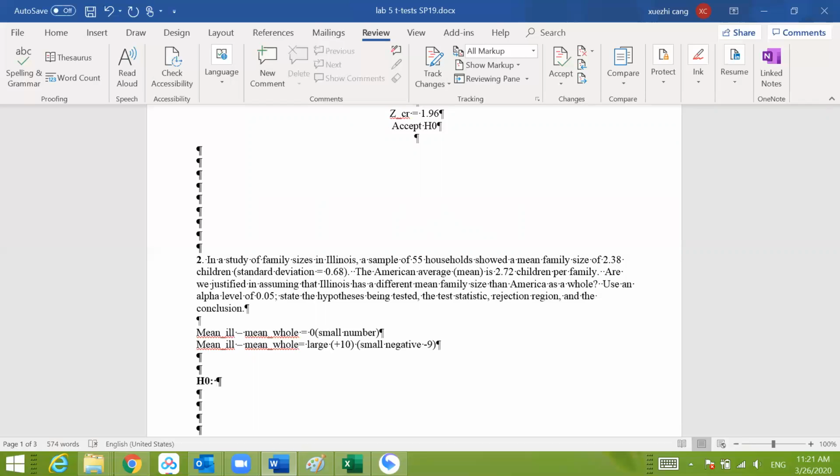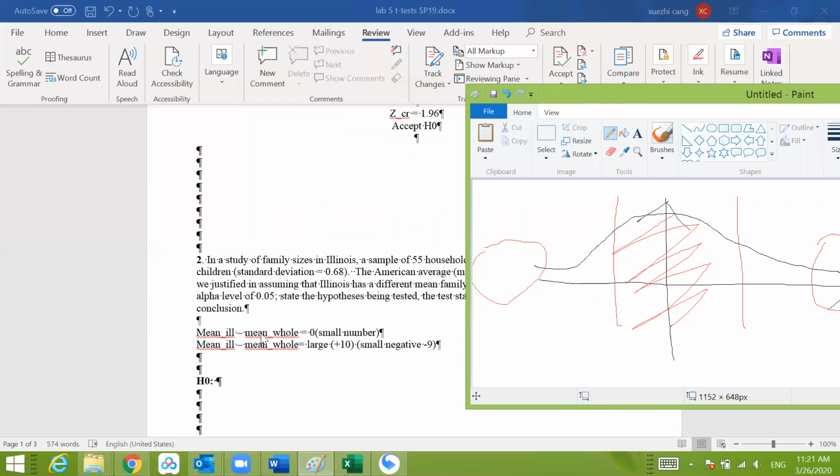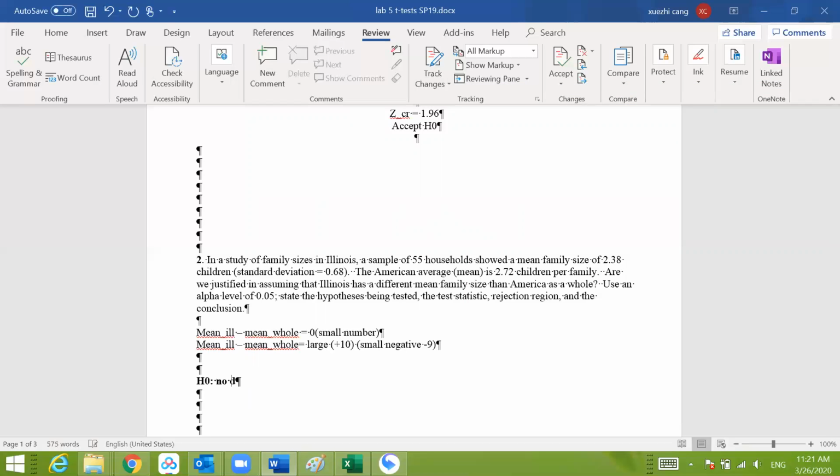Our null hypothesis is represented by the middle part of this distribution, which means the difference between these two averages is 0. It means no difference between family size in Illinois and national average family size.